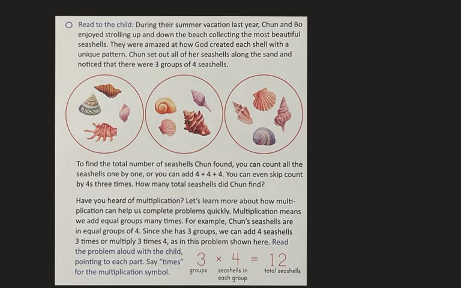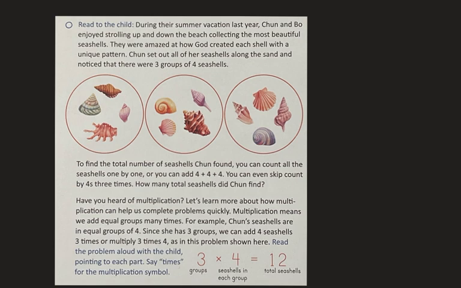During their summer vacation last year, Chun and Bo enjoyed strolling up and down the beach, collecting the most beautiful seashells. They were amazed at how God created each shell with a unique pattern. Chun set out all of her seashells along the sand and noticed that there were 3 groups of 4 seashells.